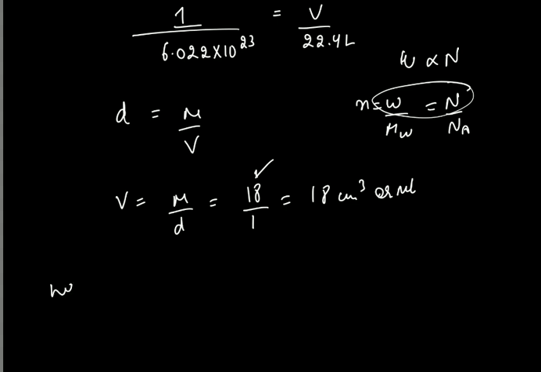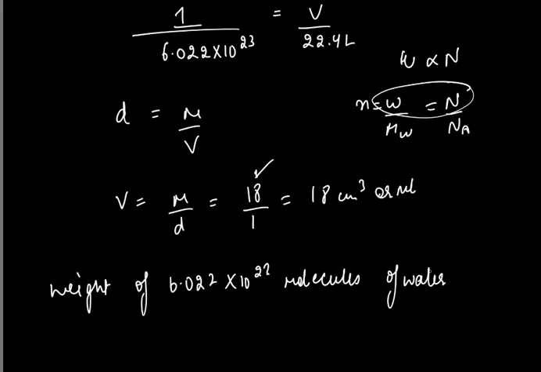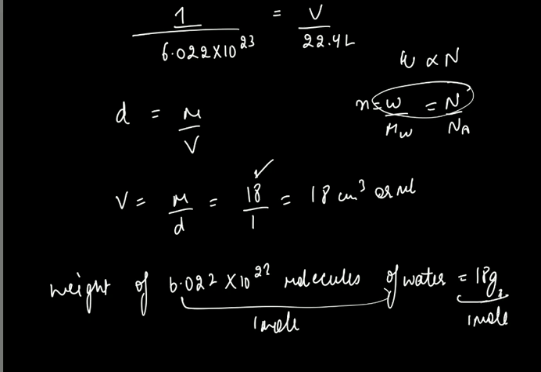So I can say weight of 6.022 into 10 to the power 23 molecules of water is equal to 18 gram. How? Because this is also 1 mole, and 18 gram of water is also 1 mole. So they both are equal.